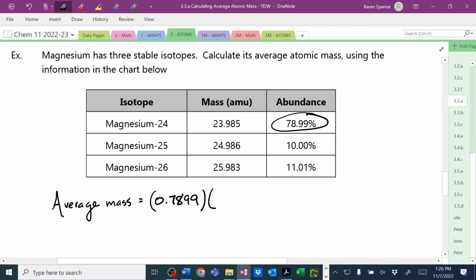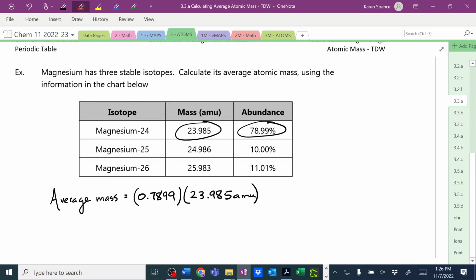And then we're going to multiply that by 23.985 AMU. We're going to take our next mass and add it on. That's going to be 10%. And 10% as a decimal is 0.1000.